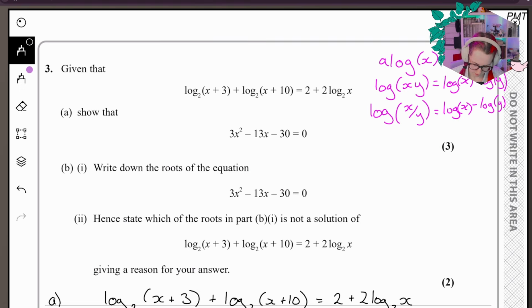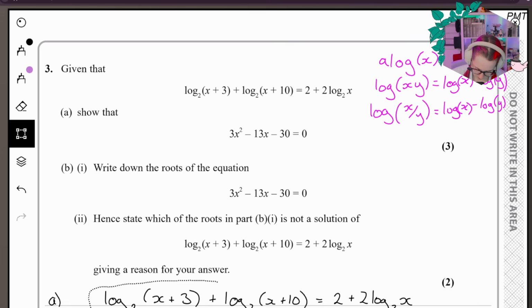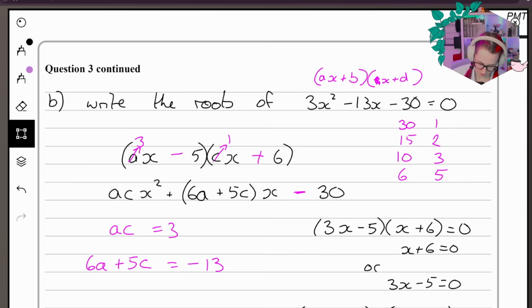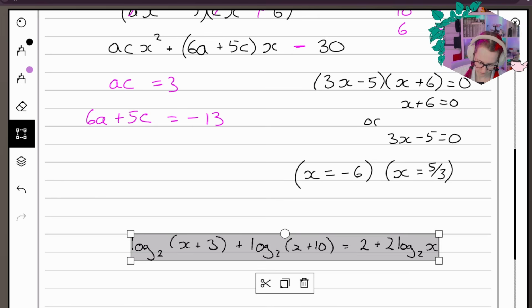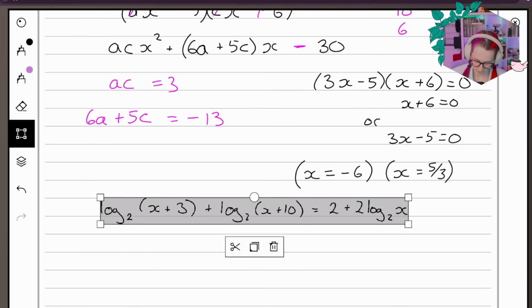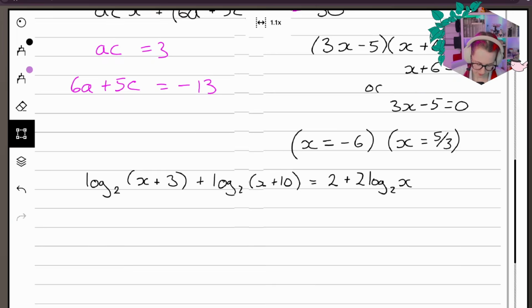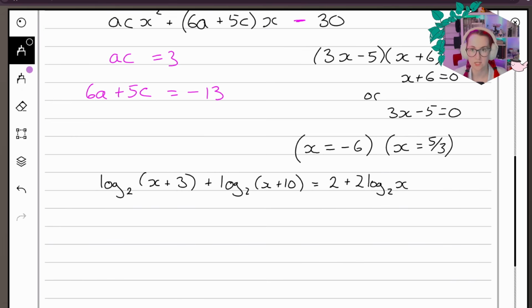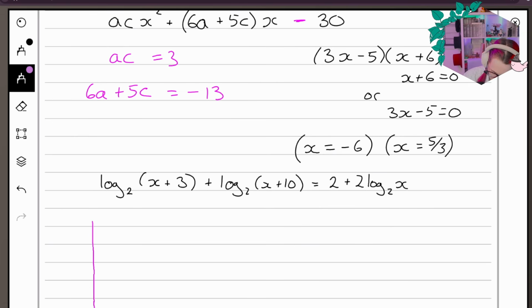Part 2 of that question: hence state which of the roots is not a solution of that expression, giving a reason. So I'm just going to nick the expression and put it over here so we can see it. Okay, so the reason that something wouldn't be a root is because it doesn't fit into the domain of the function. So what have we got? We've got log curves.